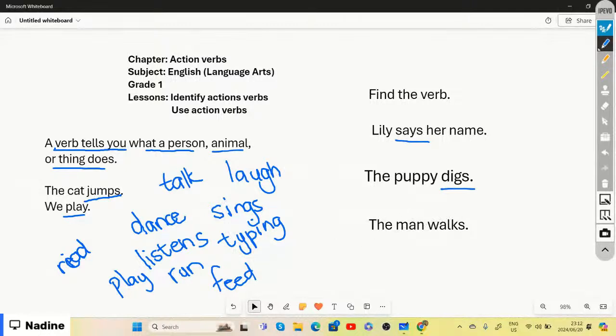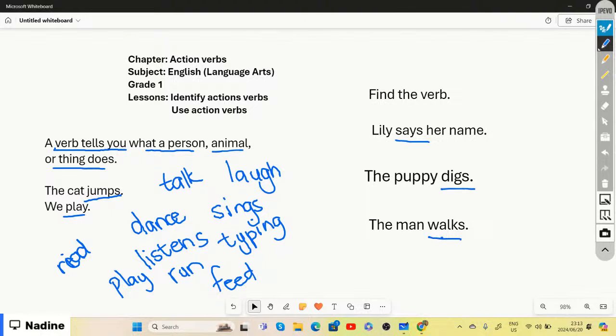What is the man doing? If we identify the verb that tells us what the man is doing, then we can say the man walks.